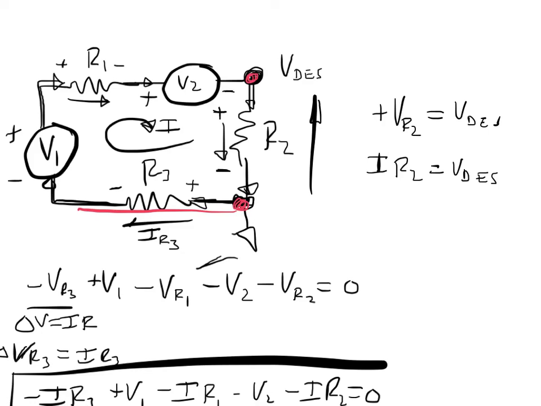We could say, starting at 0, if current is really going to the left, then we're decreasing voltage, so we could say minus IR3 plus V1 minus IR1 minus V2. Now we got to our stop point. That has to equal V desired.